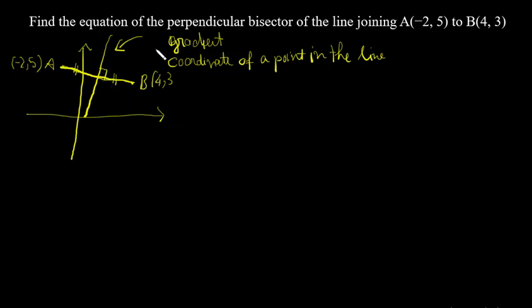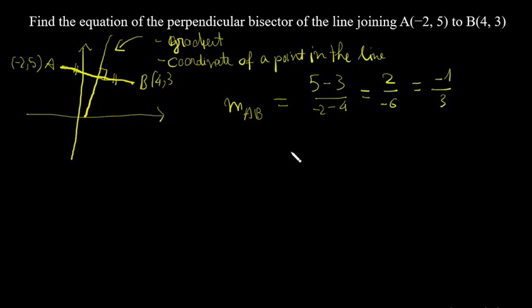So first, in order to find the gradient of this one, we need to know the gradient of the line AB. The gradient of AB equals 5 minus 3 over minus 2 minus 4, which is 2 over minus 6, which is minus 1 over 3.